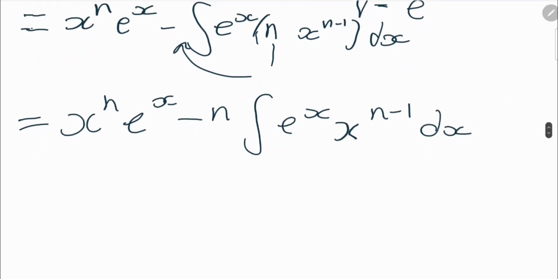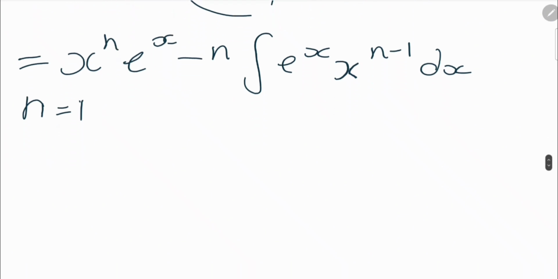So for this case, to keep it simple and short, because there's going to be more happening later, we'll say n is equal to 1, okay? So that means we have x to the power of 1, which we can just write as x, and then e to the x.